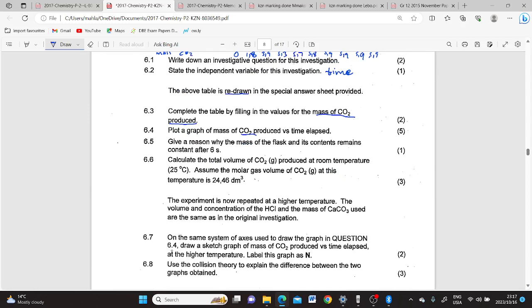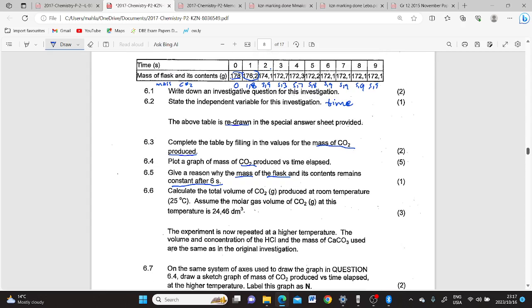Right, we plotted the graph. Give a reason why the mass of the flask and its contents remains constant after 6 seconds. So what you can say here is, remember in the reactants we had an excess, it means there is also a limiting reagent.